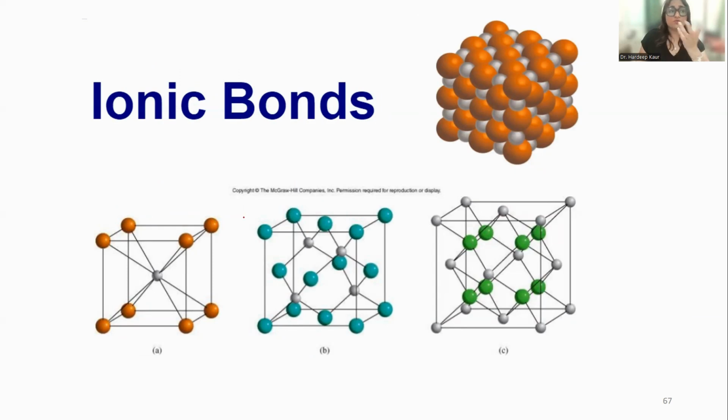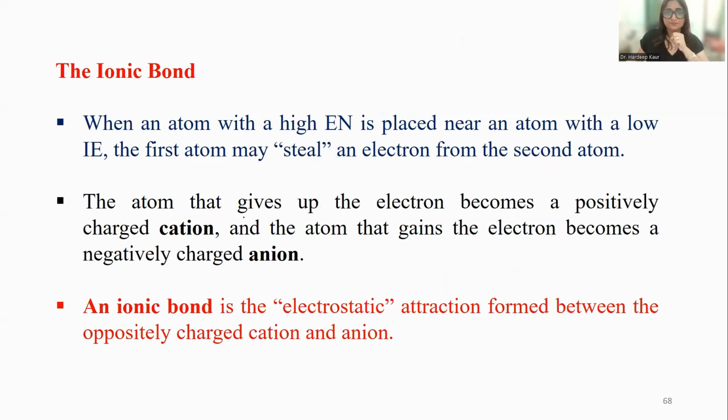You can see ionic bonds in the crystal lattice, in the salts, where there is a high electrostatic attraction between them. We can say an ionic bond forms when an atom with high electronegativity is placed near an atom with low ionization energy. So it may steal the electron.